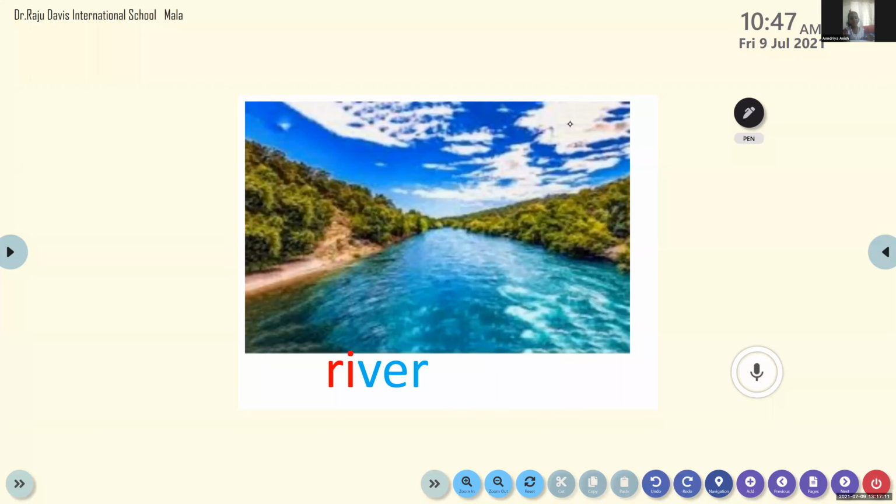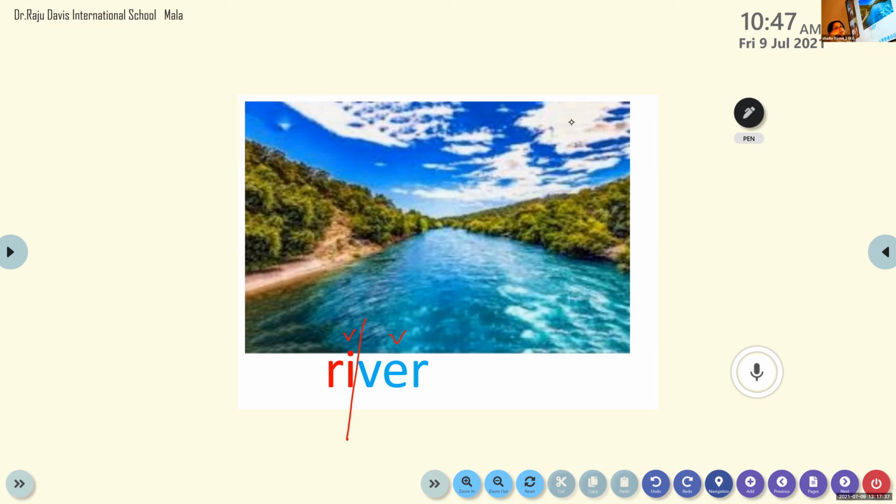I'm just rewinding, recapping the session so that you may be familiar with this. So I is a vowel and E is also a vowel. How many syllables are there in this word? 2 syllables. Very good. So we have to break down the word into 2 syllables.